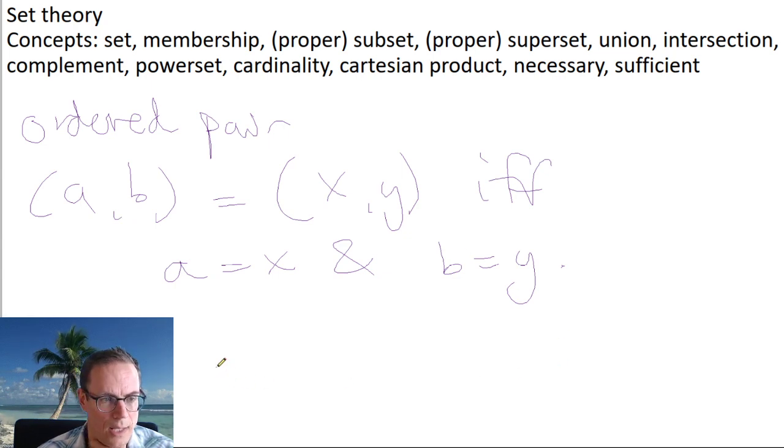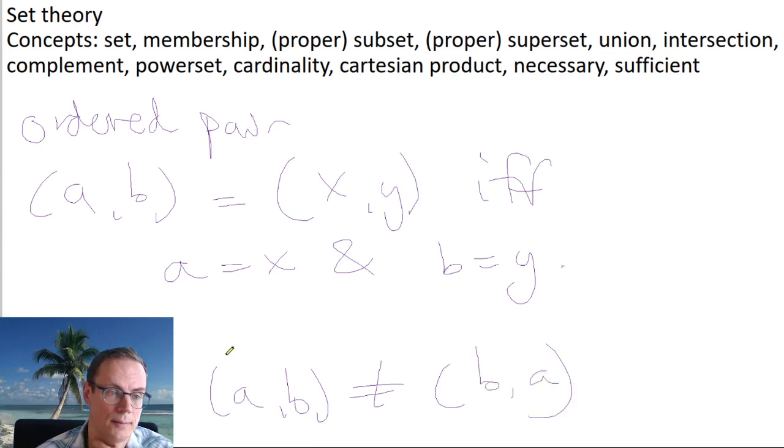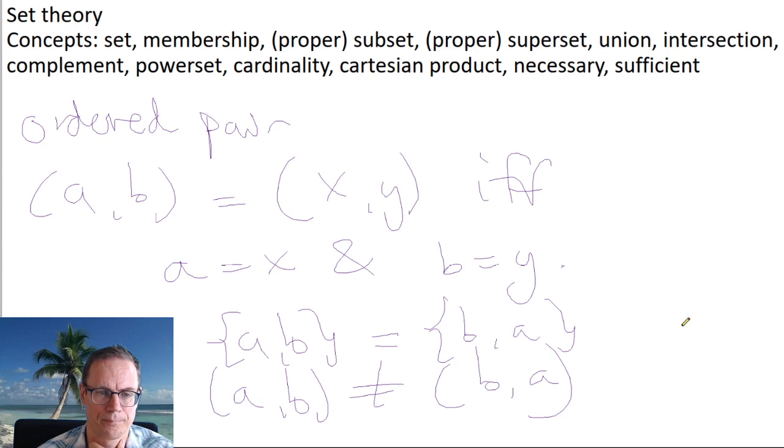So the ordered pair (A, B) is not the same as the ordered pair (B, A), but the set {A, B} is the same as the set {B, A}. Okay.